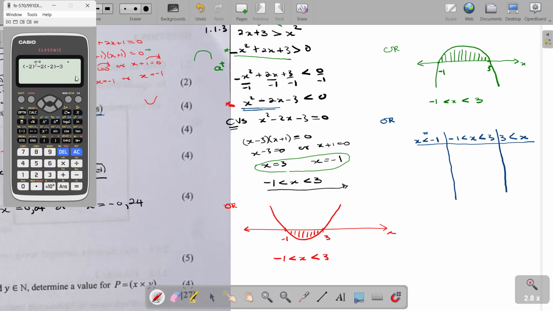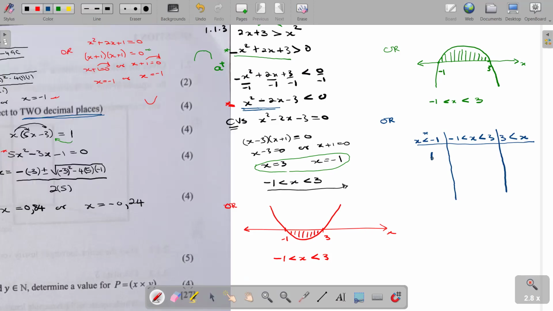You can check another number which is less than -1, maybe -5. If we put -5 there, you see we are going to get a positive number. So we got here a positive.